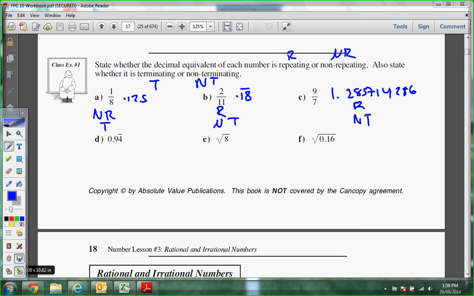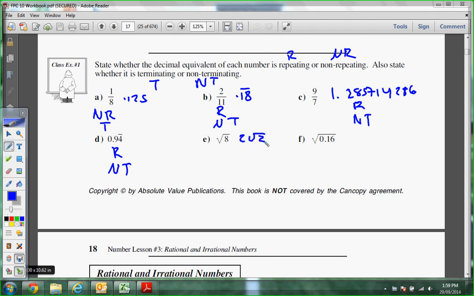Okay, 0.94 repeating, so we know that's repeating, and it's non-terminating. Root 8. Okay, that's going to be 2 root 2 is what that breaks down to. We don't know that yet, but 2 root 2.